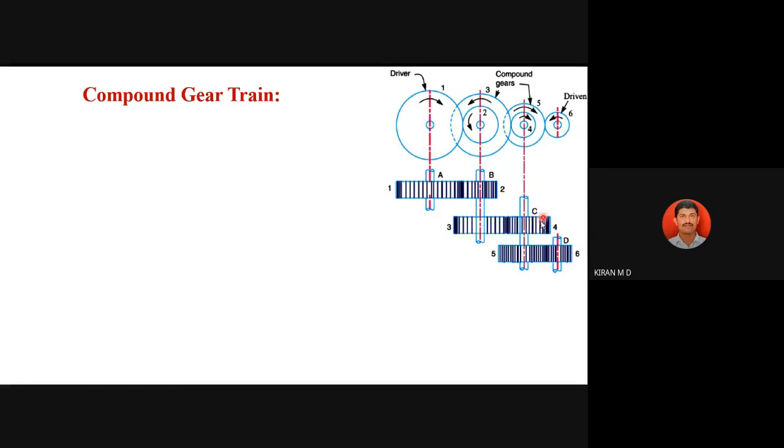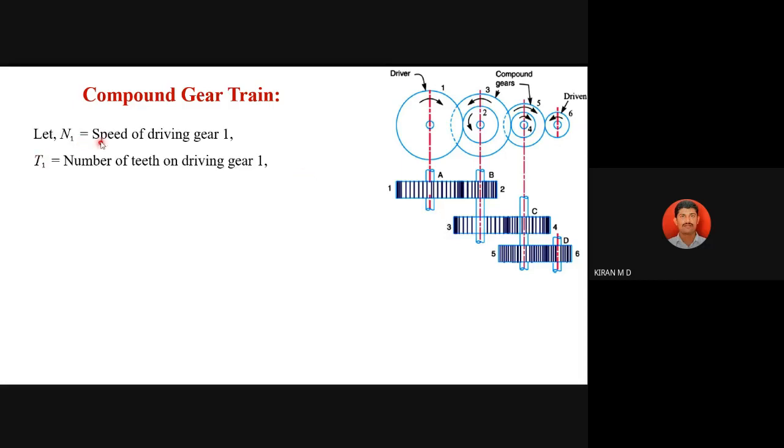Again, gear 4 is mounted on shaft C, which also carries gear 5. So gear 5 also rotates at the same speed. This gear 5 will drive gear 6. So the speed of gear 2 is equal to the speed of gear 3. Similarly, the speed of gear 4 is equal to the speed of gear 5, because 2 and 3 are mounted on the same shaft, and 4 and 5 are mounted on the same shaft.